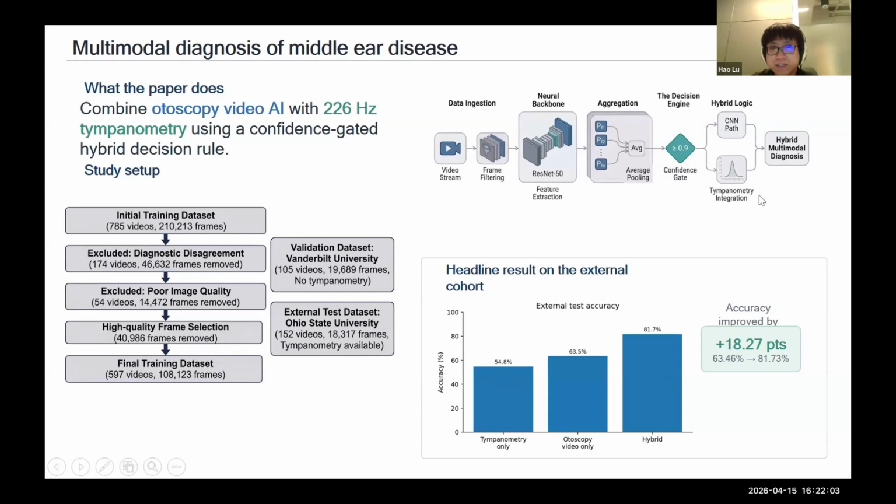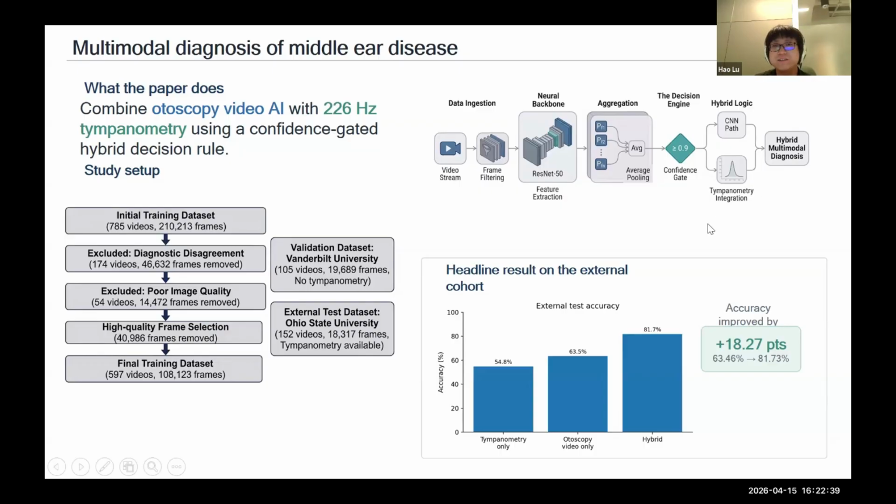The tympanometry exam is also a very common exam for ENT doctors. They use this to test the pressure and resonant frequency of the eardrum. Usually, if the doctor cannot tell the diseases very well from the otoscope, they will use the tympanometry to do a second round test.